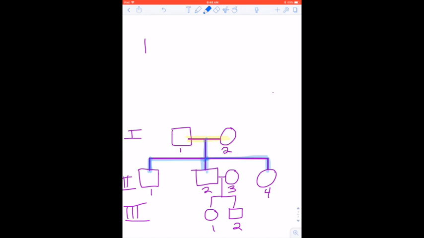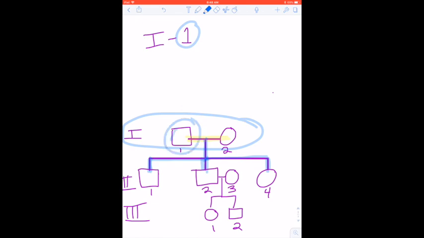So now if I go back and I say, now I want to find person 1, 1. If I'm looking for that person, I look for generation 1, which is up here at the top. And I look for person 1, which is right here. Okay, so this would be the person I was looking for.